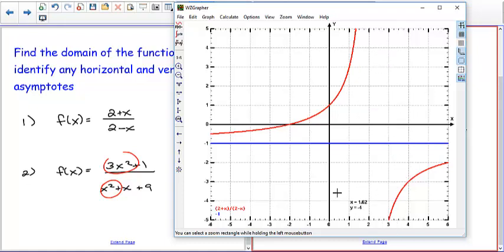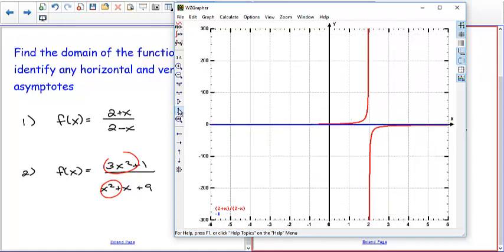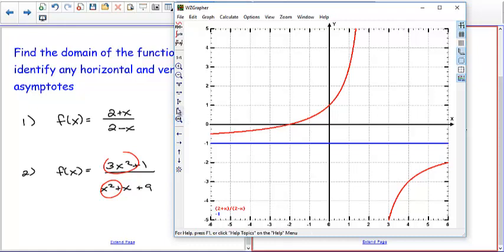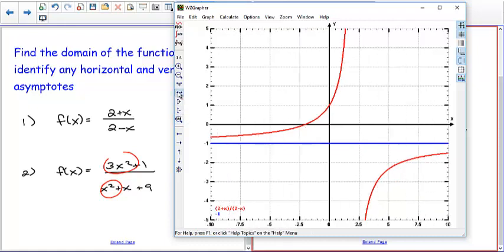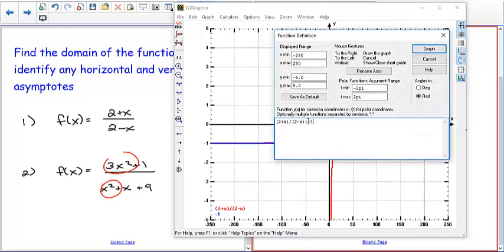So you see it at 2, and if we zoom out in the y direction, you can see how the functions approach positive 2. And if we go back to our standard zoom and we zoom out in the x direction, you can see that the function approaches -1. Okay, so that agrees with what we just came up with.